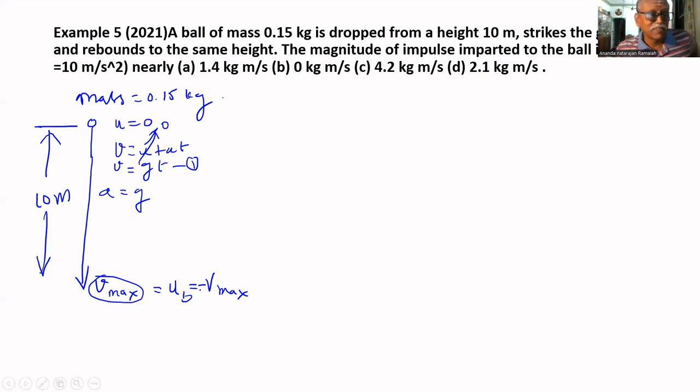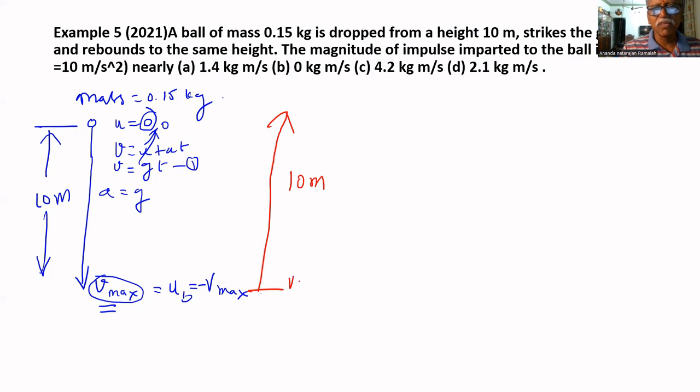Then only it will reach 10 meter, because while coming down, initial velocity is 0 and final velocity is v max. If it bounces back, it has to go to the same 10 meter. Then its initial velocity must be v max, and the final velocity is again 0.